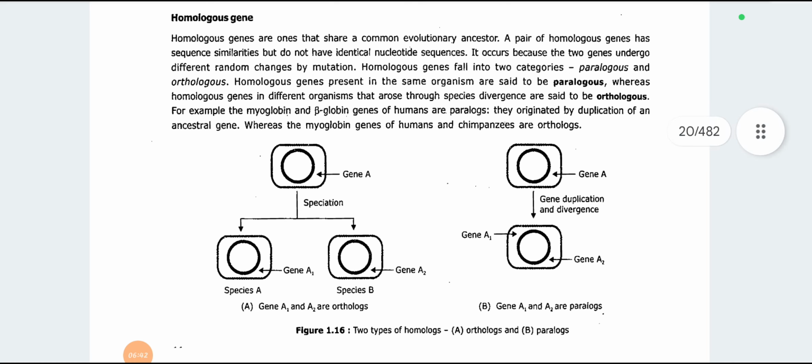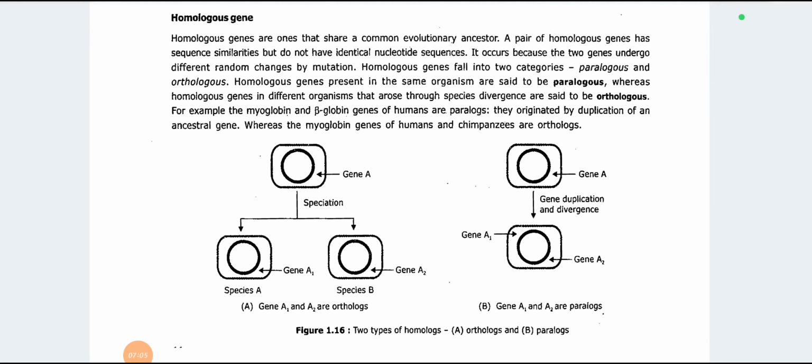Next is homologous genes. What are homologous genes, what are orthologs, what are paralogs, that we need to understand. Homologous genes are the ones that share a common evolutionary ancestor. A pair of homologous genes have sequence similarity, but they do not have identical nucleotide sequence. Similarity is there but not exactly identical.